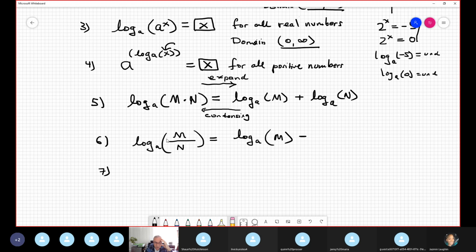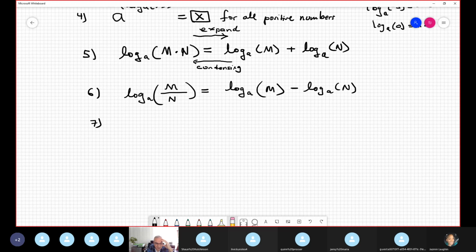So the logarithm of m, the top part, minus the logarithm of n, the bottom part.